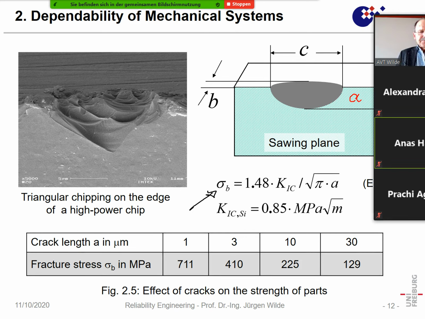And in the case of silicon, it has been found that the stress at which silicon will break in tension is roughly 1.5 times the so-called fracture toughness divided by pi and the square root of a, so divided by the square root of the crack depth.